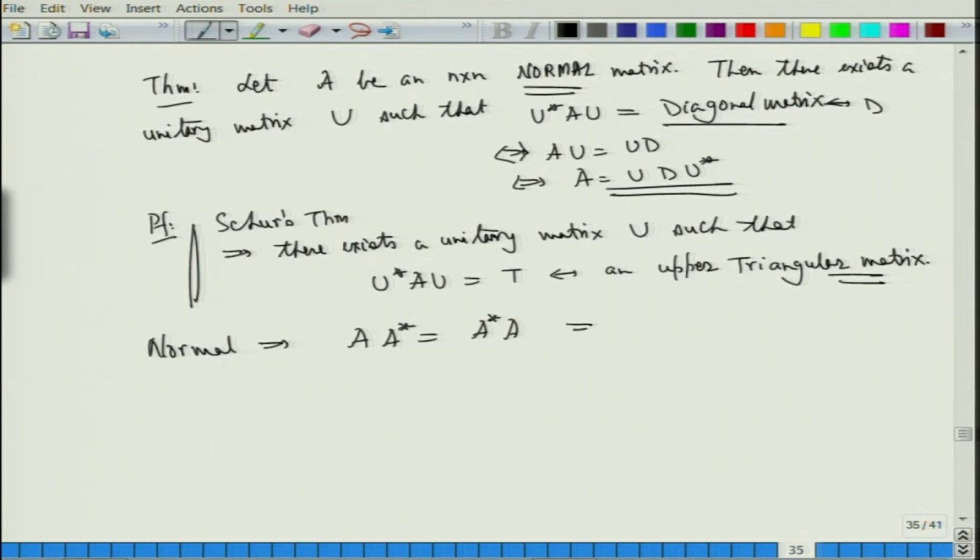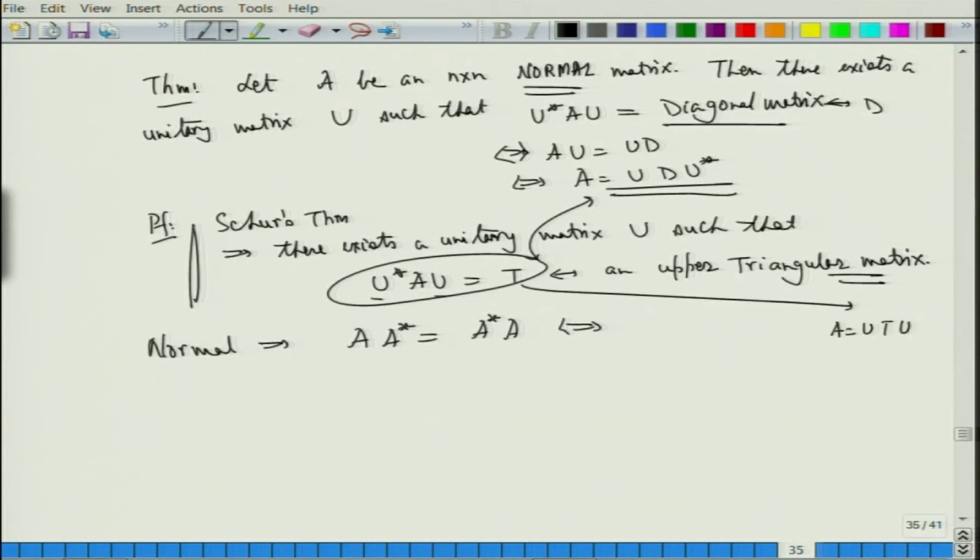So this will also imply, and is implied by, because U is a unitary matrix, I can just multiply by U on both the sides, or I can write A in terms of whatever it is. So here A is equal to U T U star. All right, fine. Just multiplying by U and U star on both the sides.